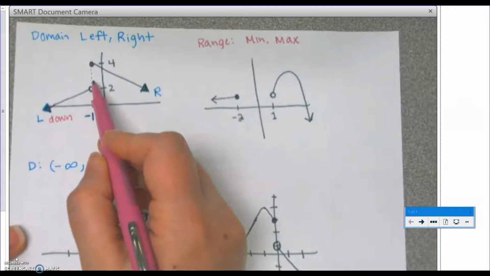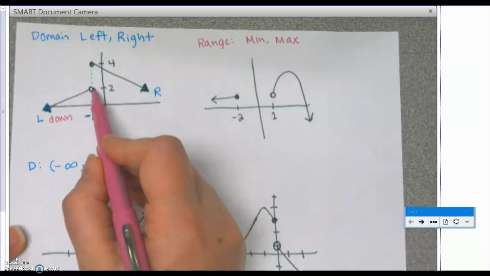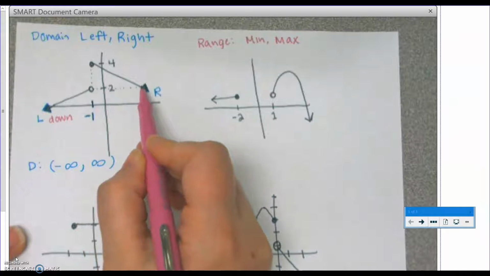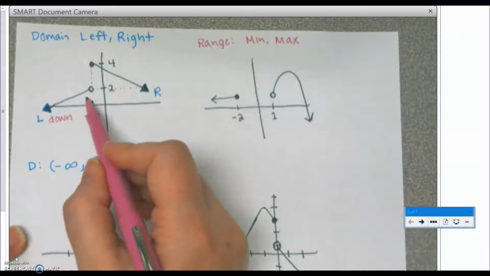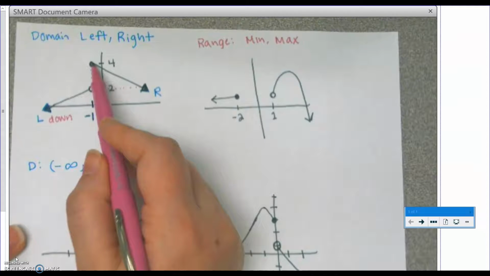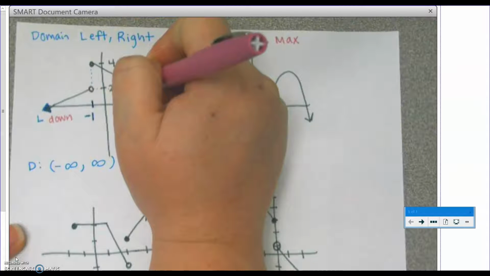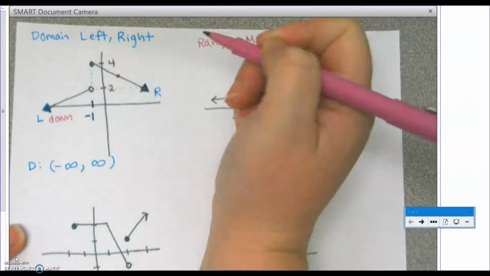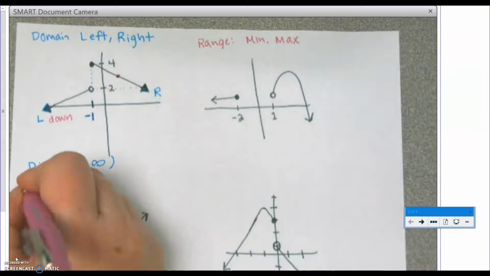All right, and again, I don't have any gaps in between because even though this piece ends at 2, if I follow my graph over this way, I don't have any gaps. This one is going to take over. So this piece only goes as high as 2. But 2 is not the highest part of the whole entire graph. The highest is 4. And everything in between. So this piece is on 2, but then this piece would have 3, that point would be 3, and then that point would be 4. So I'm not skipping anything.